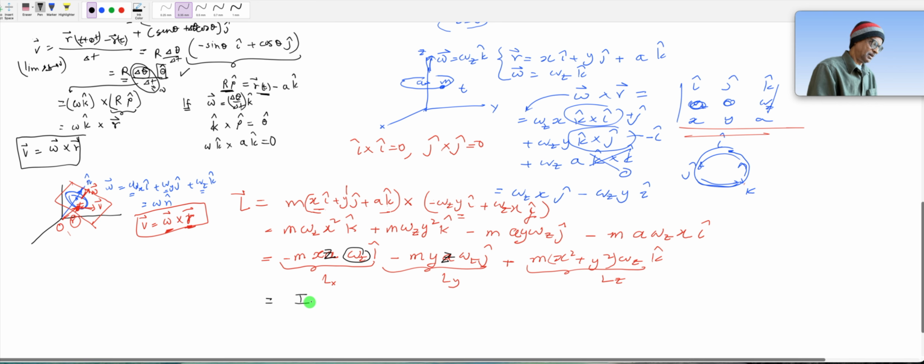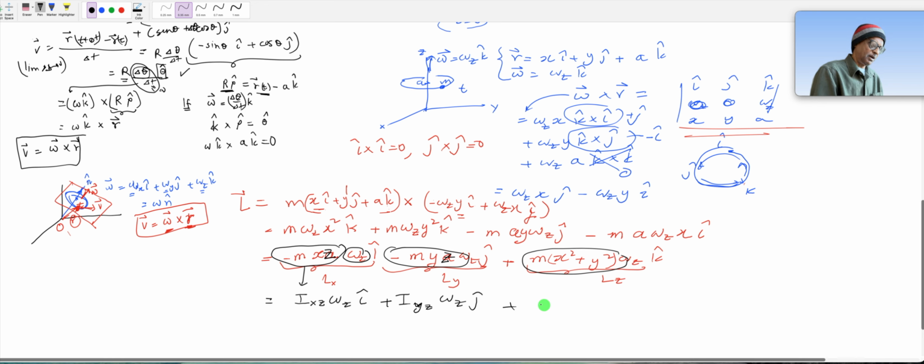I'll write I subscript xz omega z i hat, plus I subscript yz omega z j hat, and this thing will be I subscript zz omega z k hat. Pretty cool, right?